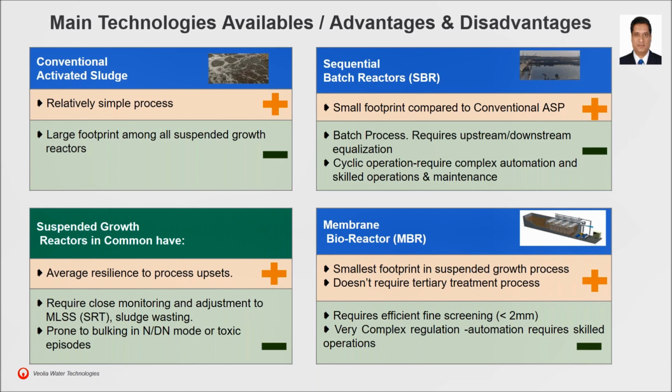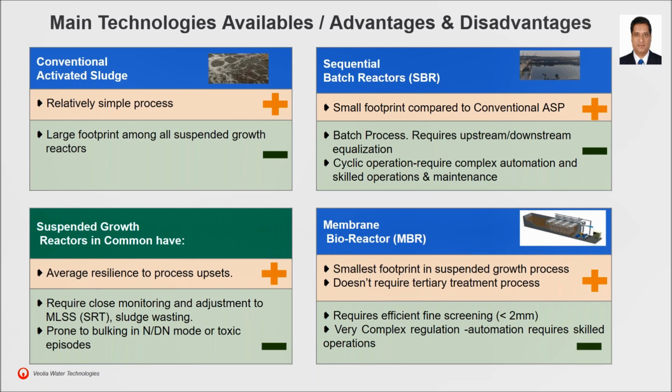So this slide shows the suspended growth technologies available in the market. The suspended growth reactors in common have the advantage of average resilience to process upsets. As I mentioned to you, it should be able to handle the fluctuations in flow and load very well.